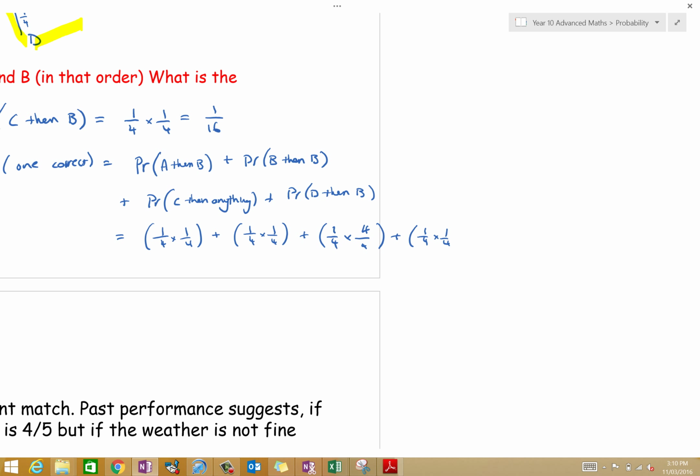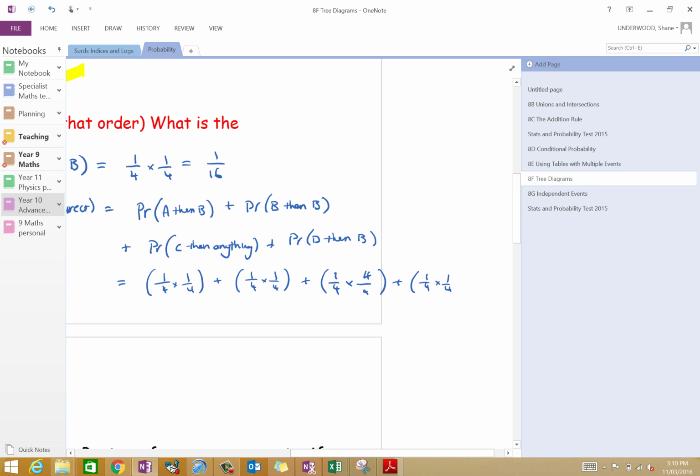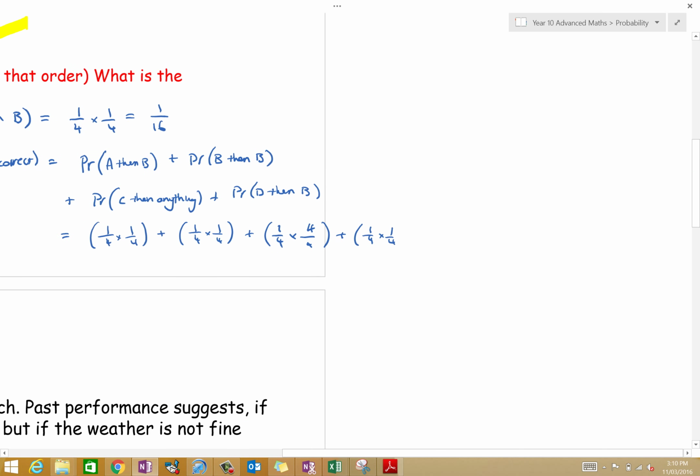Now what you need to do is add all of those up. As it turns out, each one of those is 1 out of 16. He's got 4 options plus 1 plus 1 plus 1. Shouldn't that be 7 out of 16?